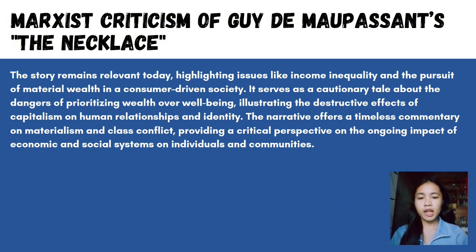By drawing parallels between the story and contemporary issues, we see how Marxist criticism provides a critical perspective on ongoing economic and social challenges. It serves as a reminder of the destructive effects of prioritizing wealth over well-being and the importance of understanding economic and social systems in shaping individual and collective experiences.